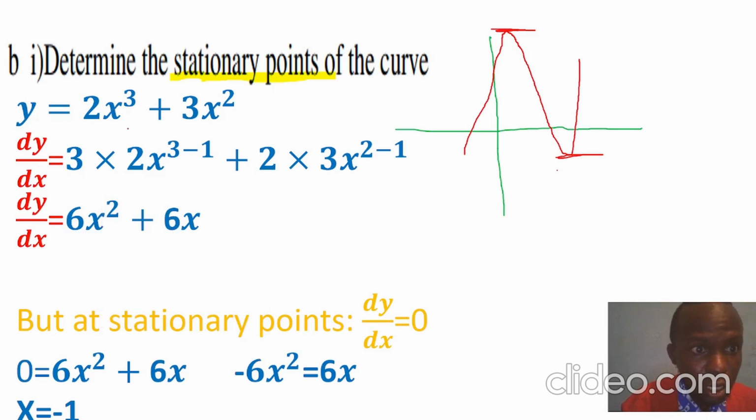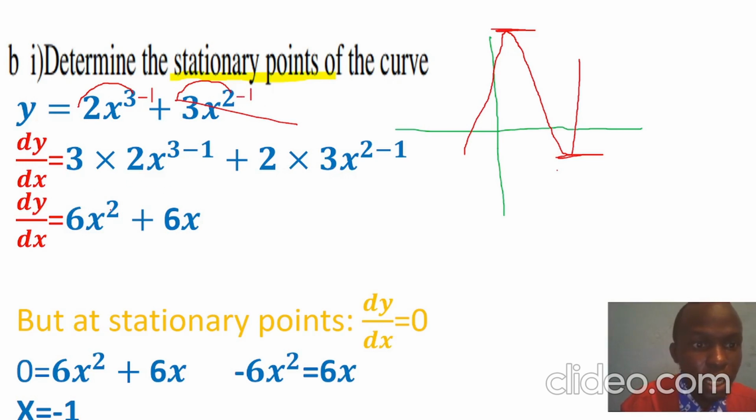You see where 3 drops? 3 drops there, so that you multiply 3 times 2, and then you have to subtract 1. Like you can see, the 2 also drops there, so that we can multiply with 3, and then you subtract 1 there, so that we have 2 times 3. Now you can do the multiplication. 3 times 2 is 6x squared.